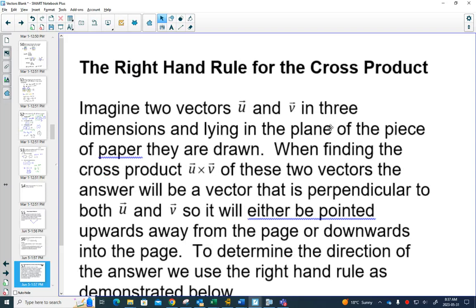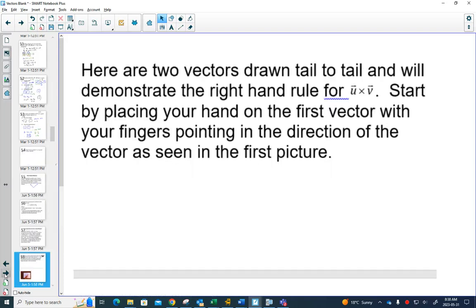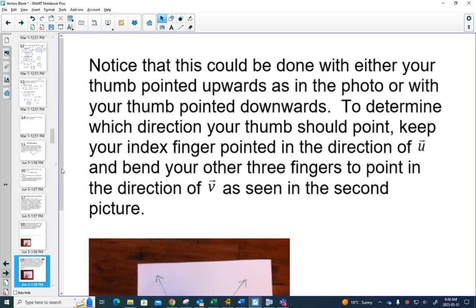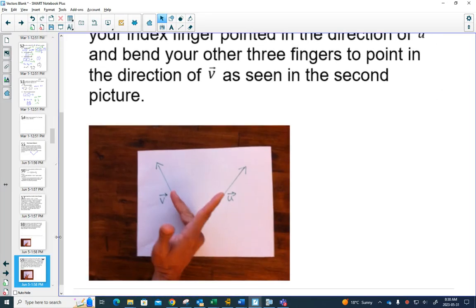But this is how the right-hand rule works. When you draw 2 vectors, and I've got a picture, I think. Let me double check your notes here. Yes, I've got pictures for you as well. They're a little bit dark, but you're going to draw your 2 vectors, u and v. Here is the picture. You have 2 vectors, u and v, and you start by putting your hand on the first vector.